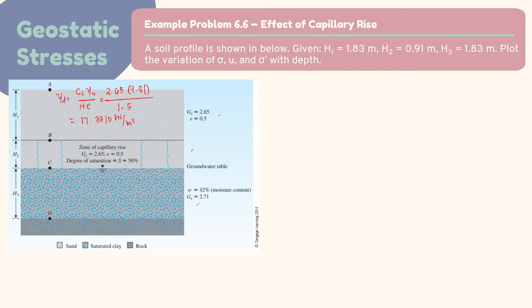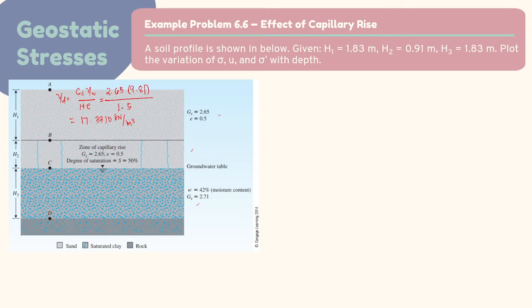For the moist unit weight, or at the zone of capillary rise, we'll only have to multiply the dry unit weight by 1 plus the moisture content.